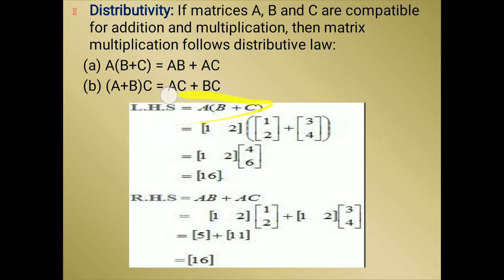The left hand side is given: these are the elements of matrix A and these are the elements of matrices B and C. A into B plus C gives you this result, and the right hand side, AB plus AC, gives you result 16. Both are the same, so we can say the distributive property can be applied here as well.